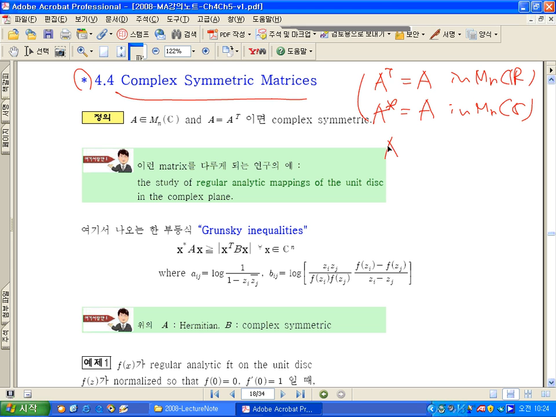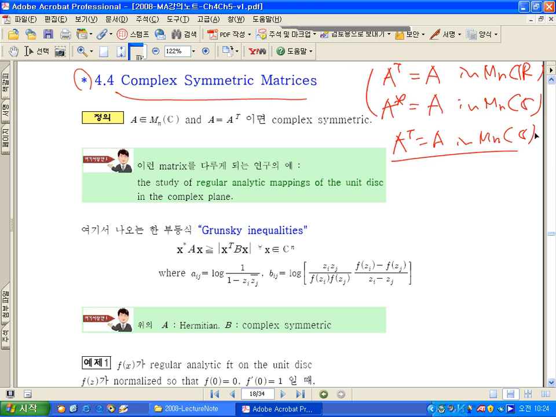And this matrix, the matrix whose transpose is the same as A, and it is symmetric, the complex matrix. This matrix is called a complex symmetric matrix. This Hermitian matrix is a natural generalization of the real symmetric matrices.